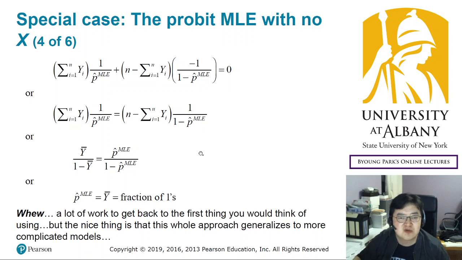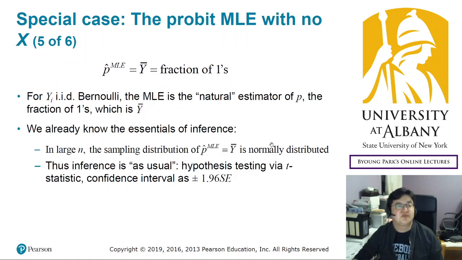If you want to study the MLE a little more with mathematics, then think about this example again. It's a natural estimator, and it has many nice properties, and the inference can be done in the same way. For example, a confidence interval can be calculated using plus minus 1.96 standard errors because it is normally distributed. We know that the MLE is always normally distributed if the sample size is large enough.